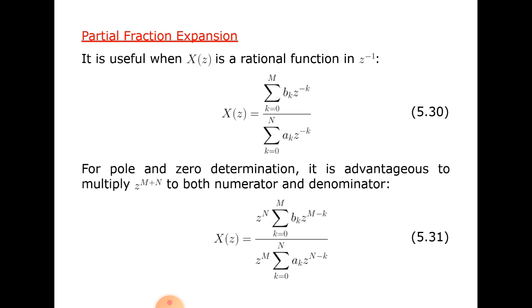For pole and zero determination, it is advantageous to multiply z power m plus n to both numerator and denominator, so x of z equals z power n into summation of bk into z power m minus k, divided by z power m into summation of ak into z power n minus k.